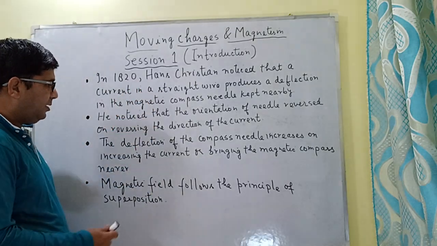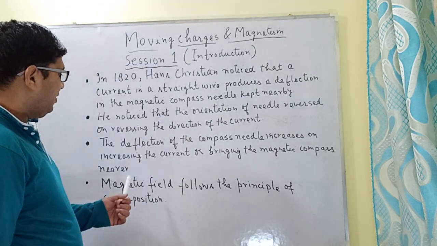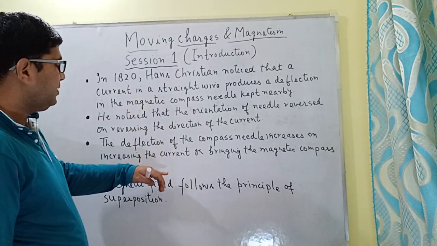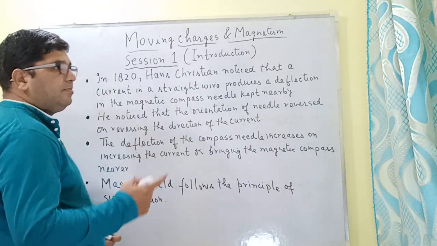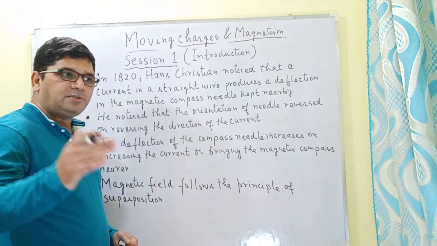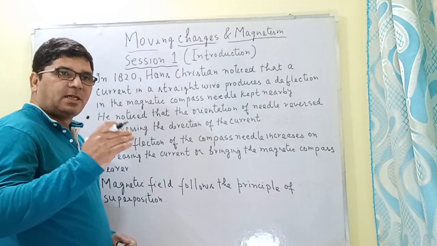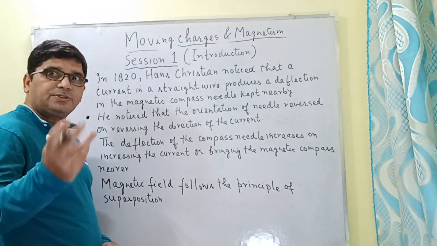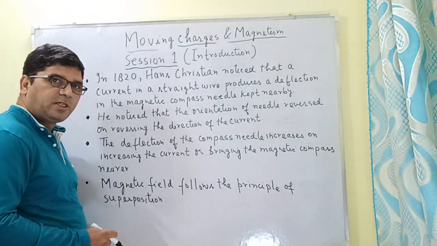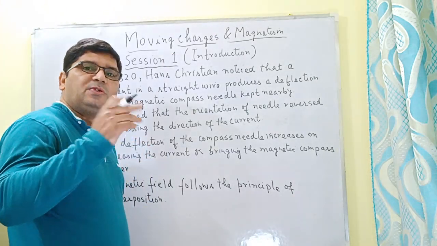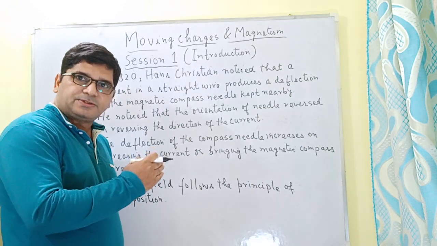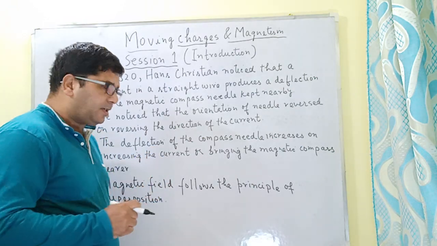So in this chapter we will be studying how the moving charge or the current which is flowing in a conductor produces the magnetic field. This is the first point. And how that magnetic field exerts a force on this current carrying conductor.